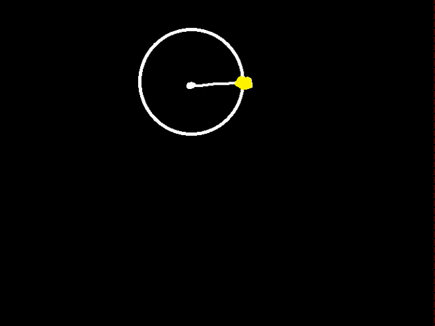Whenever an object is moving in a circular path like this, let's say the circle has radius r. At each and every point, moving in an anti-clockwise direction, there is always a tangential velocity which is always tangent to the circle.